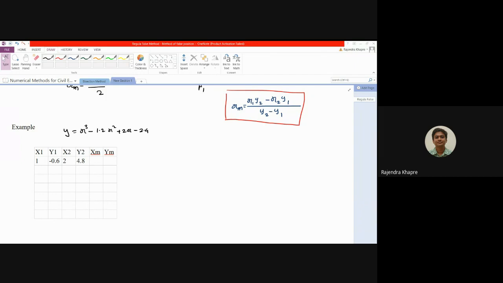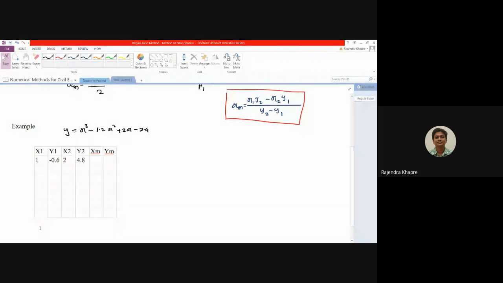Give me the value of xm now. Can you please tell me the value up to 4 digits? That is 0.6666, so I'm putting 7 over here.